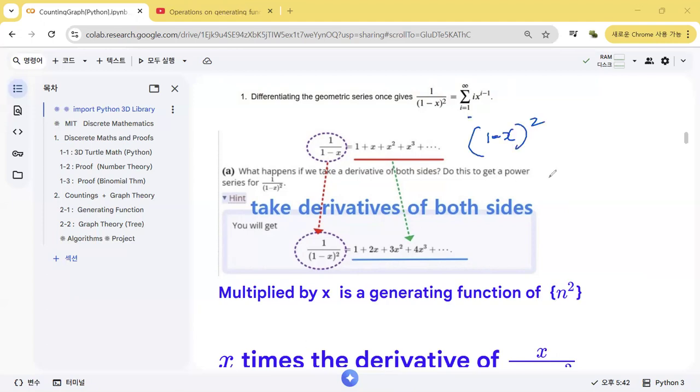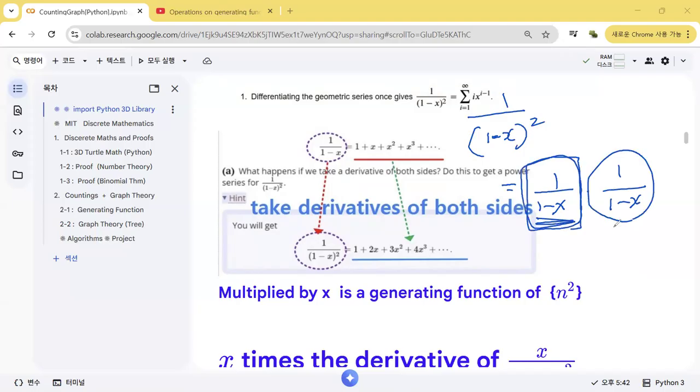And let me see, this is 1 minus x times 1 over 1 minus x. Now, what's the effect of multiplying this one to this function? This function is 1 plus x plus x squared, okay? And as you see, I multiply this one.